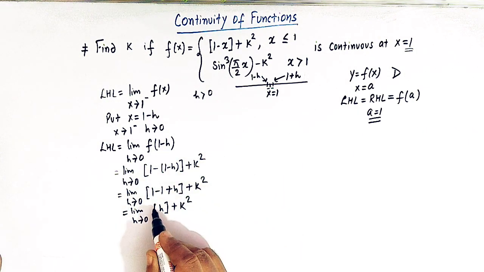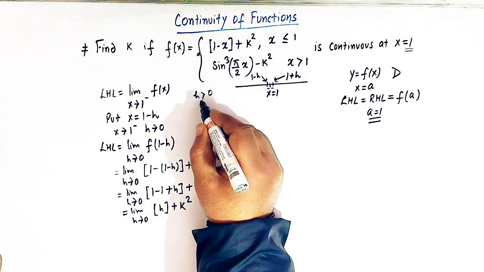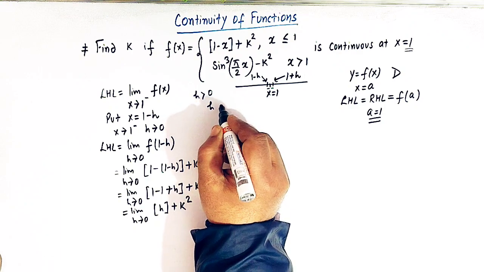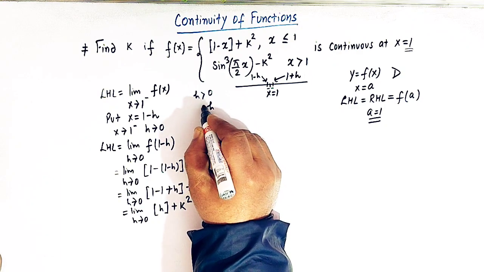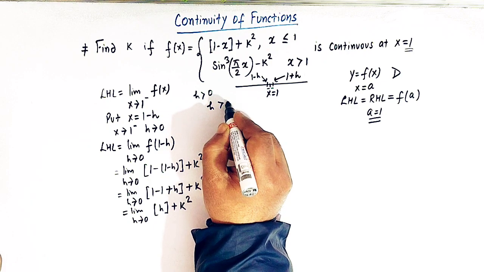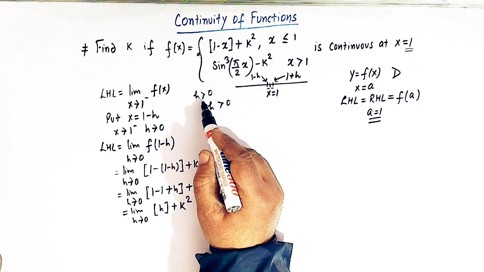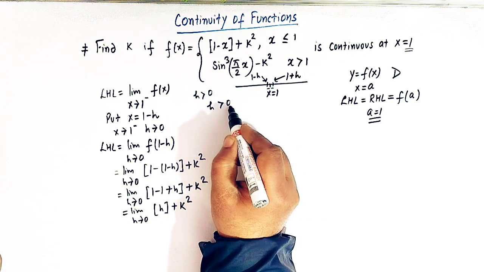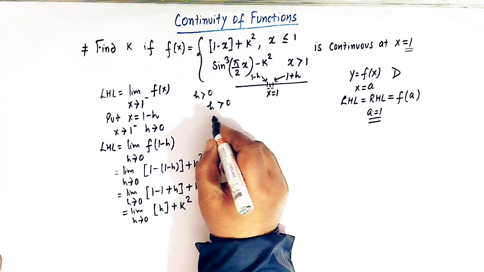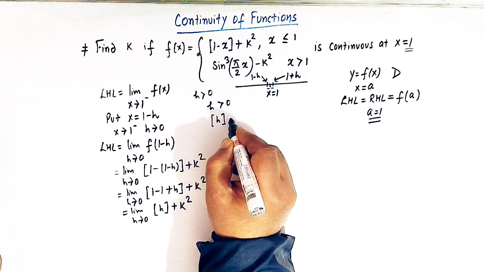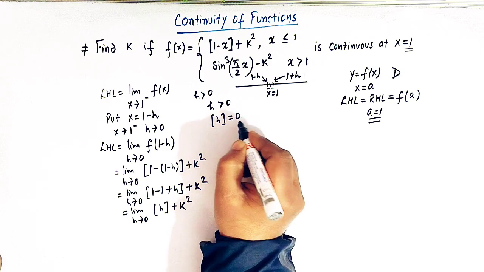Now here we have the greatest integer of h, and we know that h is greater than 0 but less than 1. So h is slightly greater than 0, and the greatest integer of h should be equal to 0.